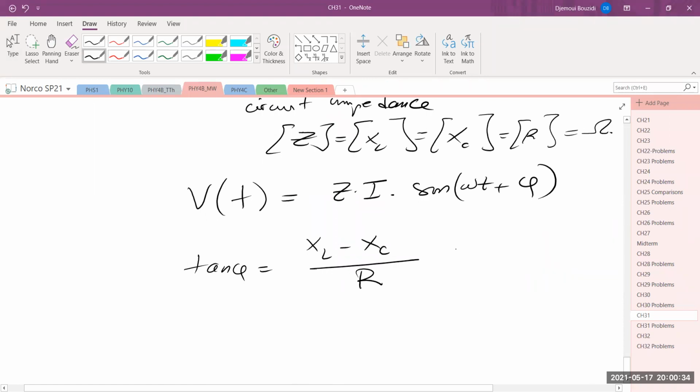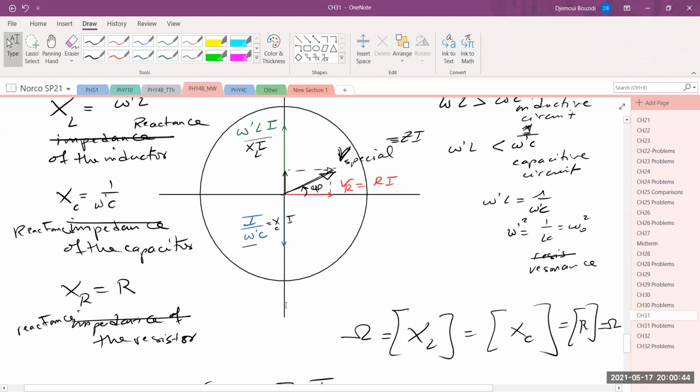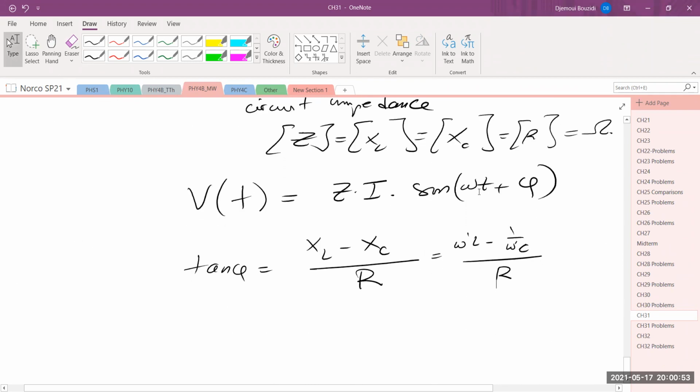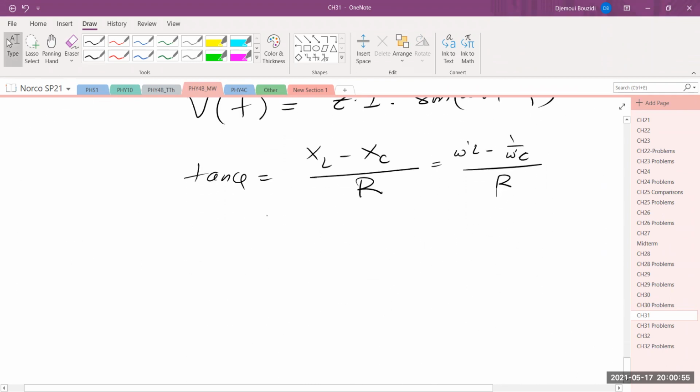If you want to plug in the numbers, well, this is omega prime L minus 1 over omega prime C divided by R. Then you know how shifted it is. The length of this vector is clearly equal to, by the Pythagorean theorem, R squared plus this difference squared. So in other words, the impedance, I can find it too for this circuit.